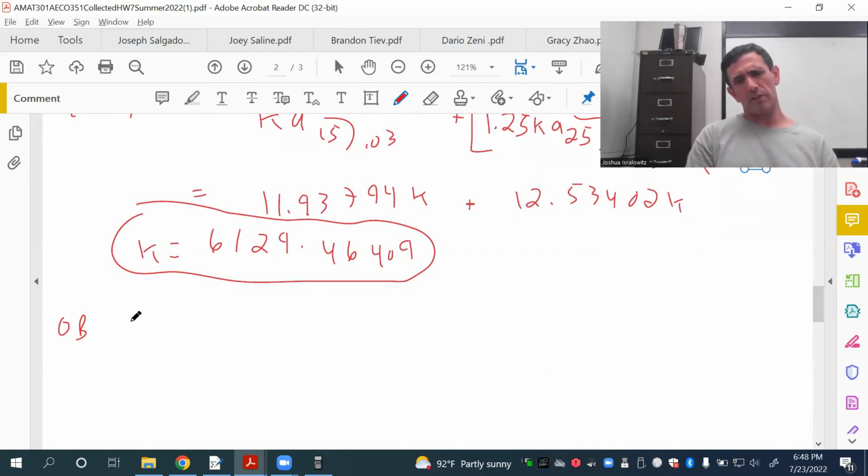If I reset it after 15 years, then for that new quote unquote 25-year loan, I'm going to have a constant interest rate of 4% and a constant payment of 1.25 times K. Well, K is 6129.46. So 1.25 times 6129.46 is the constant payment.